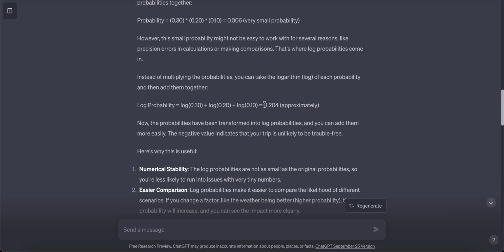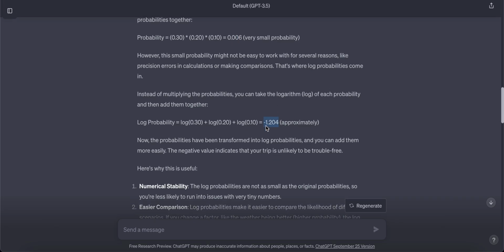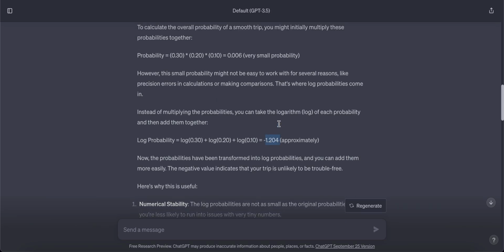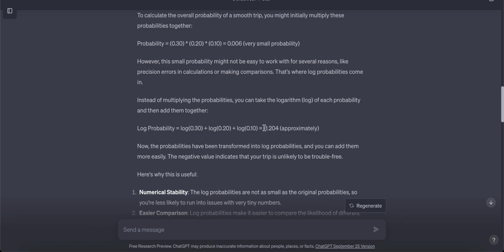So we get negative 1.204, which is much easier to understand than 0.0006. That's just saying your trip will likely be pretty bad. The chances of bad things happening on this trip are very high. So log probability makes the number much more readable and much more meaningful.